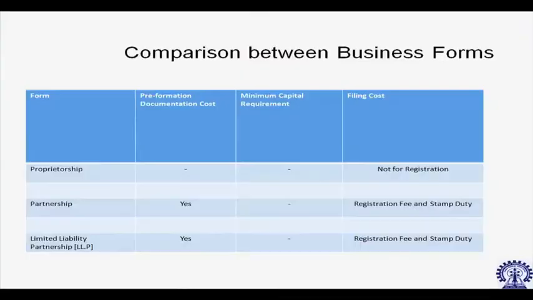So, if you are incorporating your firm as a proprietorship firm, then possibly you do not have any cost for preparation of the document. Similarly, you do not require any minimal capital legally required for the proprietorship.